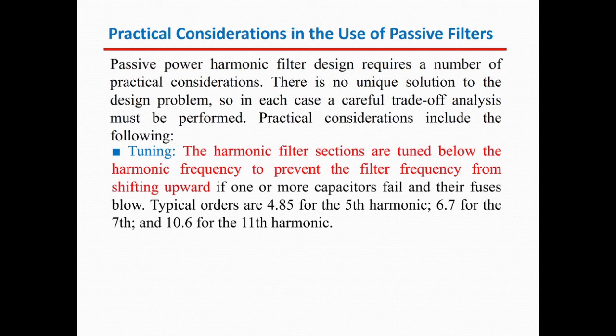With respect to tuning, the harmonic filter sections are tuned below the harmonic frequency, as we said previously, to prevent the filter frequency from shifting upward if one or more capacitors fail and their fuse is blown. Typical orders are 4.85 for the fifth harmonic.